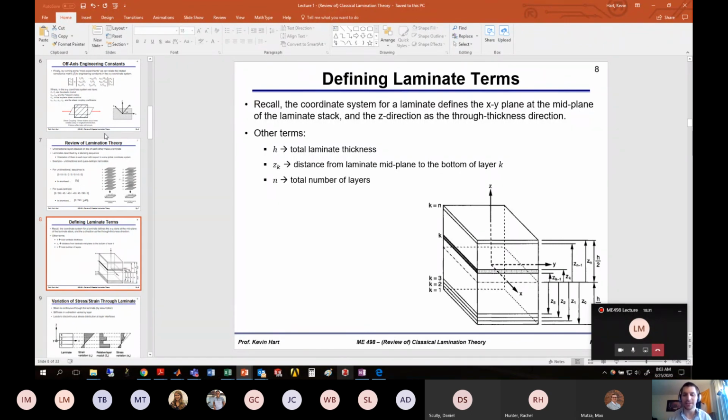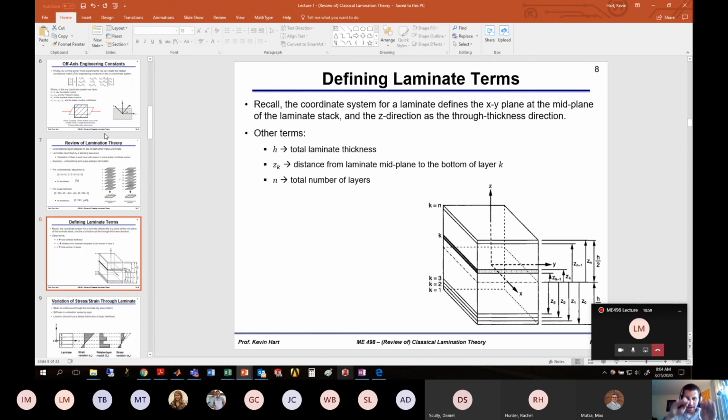The total height of the laminate stack we're calling H, and when we're talking about laminates generally, we place the coordinate system at the center of the laminate's midplane. So here we have our coordinate system x, y, z at the center of the stack of lamina that create the laminate, and the location of each individual lamina in the laminate is described by the variable z.